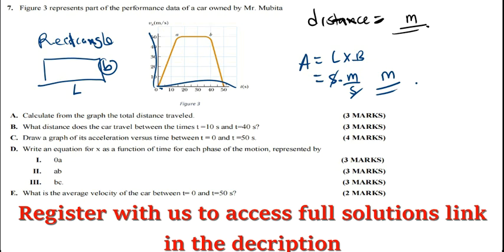Meaning that whenever I want to find the distance, if I've been given the velocity time graph, as long as I get the area of that shape, then that is my distance covered by that object at that particular time. Okay, what do I mean? So if I have got a triangle, let's say we have something like this.